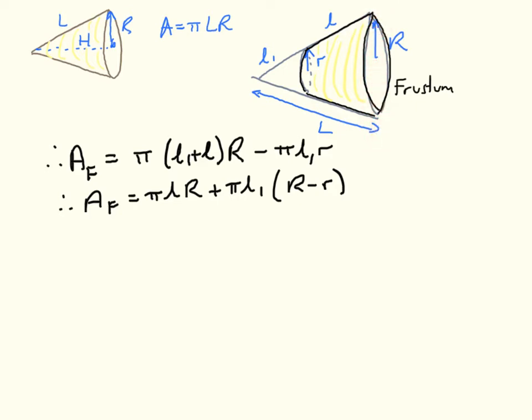And if you looked at it through the side, then what you would see would be a triangle. So this is a slice through the middle of the frustum, what it looks like.